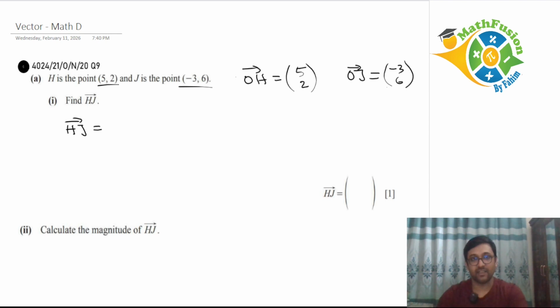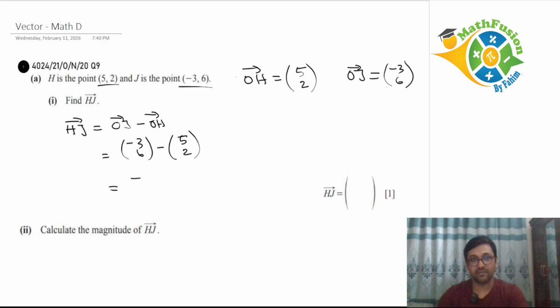HJ is nothing but the position vector of J minus the position vector of H. The position vector of J is (-3, 6), and the position vector of H is (5, 2).